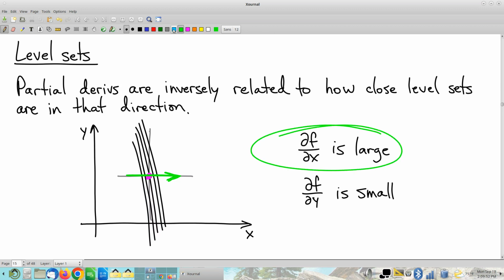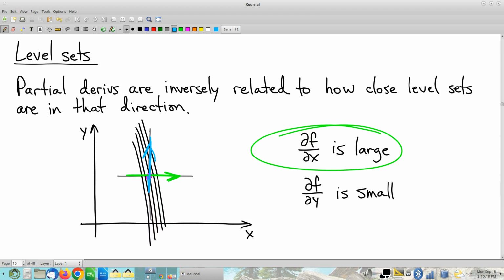Now, by contrast, let's look at going in the y direction. Going in the y direction here, I'm still crossing two contour lines, but it takes quite a bit more distance, right? That's a lot greater distance over which to go up the same two contour lines.